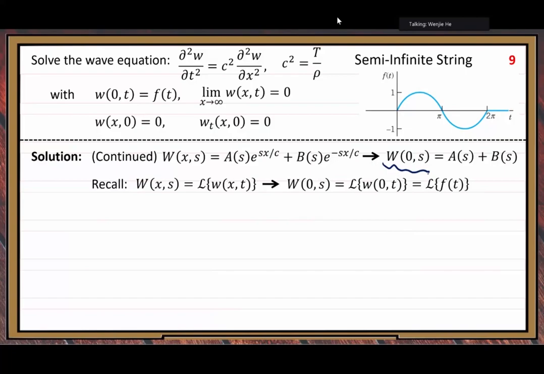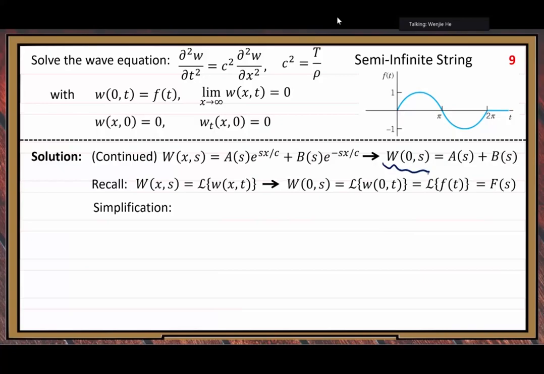Useful here. So we can calculate it. Here we use capital F to represent its Laplace transform. When we need it, we can find it. So let's use the symbol first.